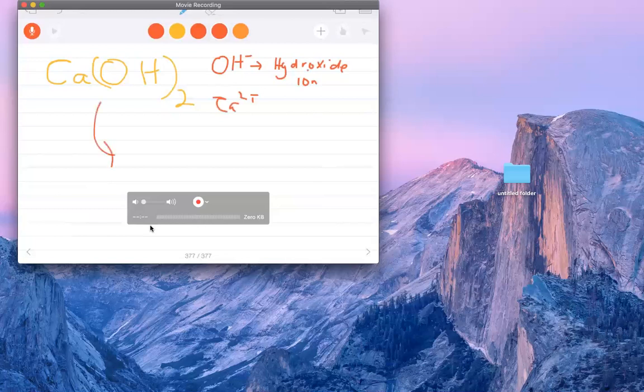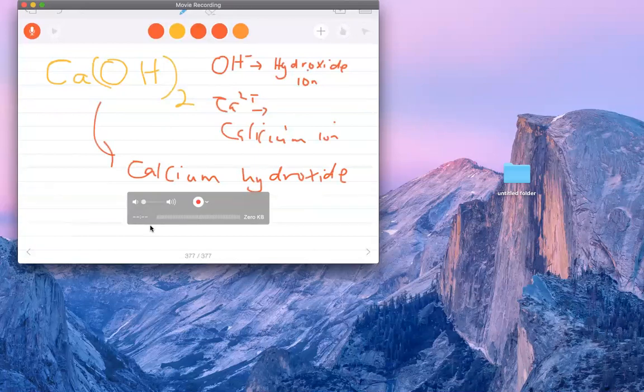That's right. This is calcium ion, and we say this is calcium hydroxide. The point is to remember: am I dealing with polyatomic ions? Once you identify that, then you will not miss it.